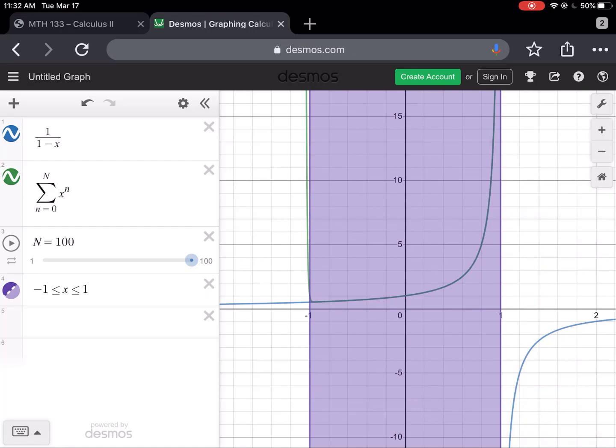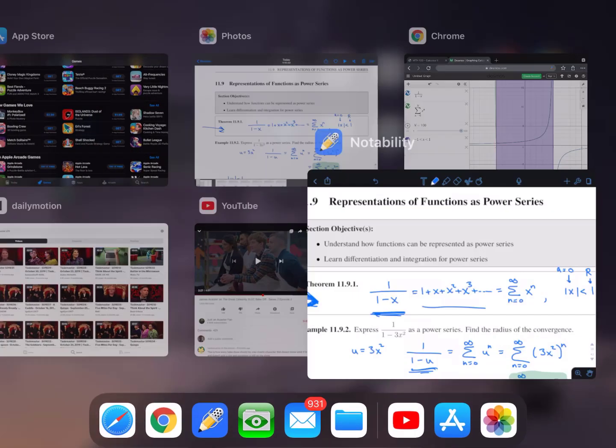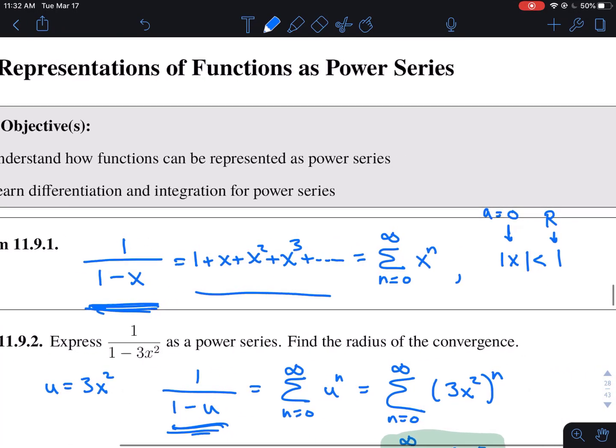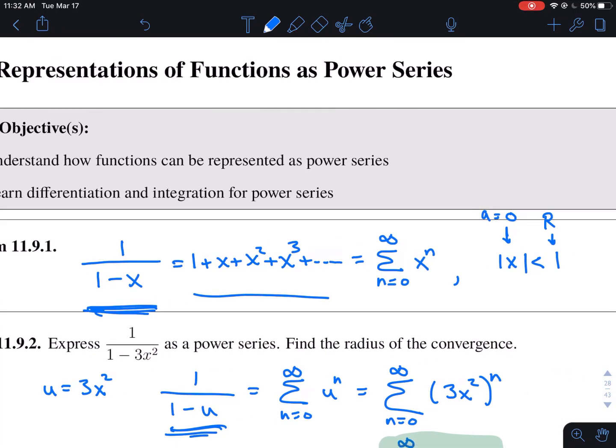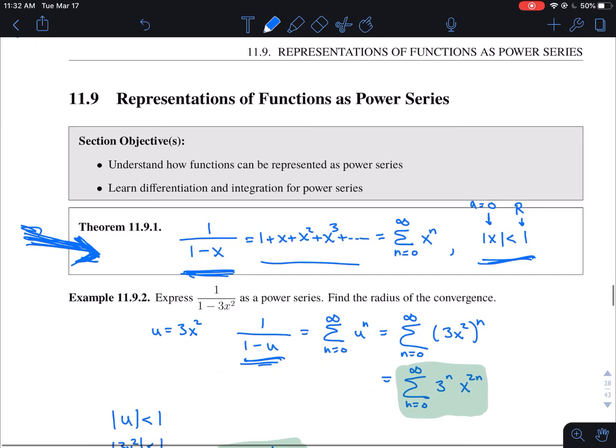So that's exactly what we mean when we say that 1 over 1 minus x is equal to this infinite polynomial. Again, it's only on this region, when x ranges between -1 and 1. Otherwise, it's not true.